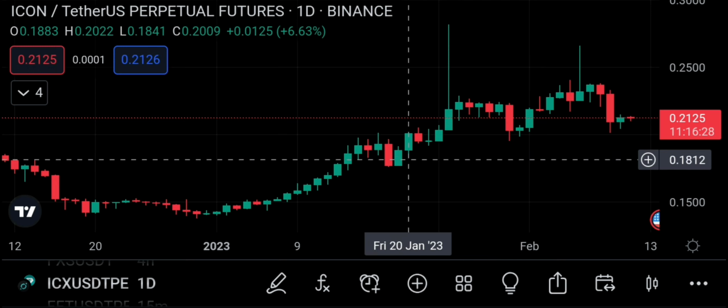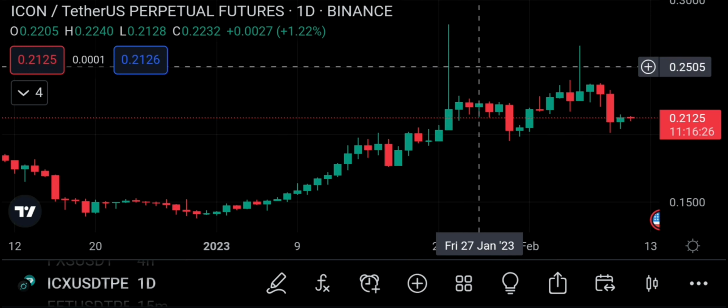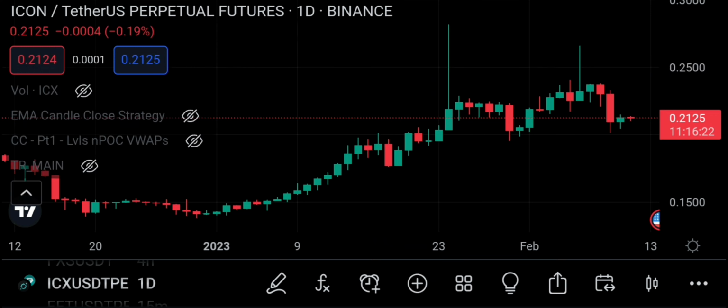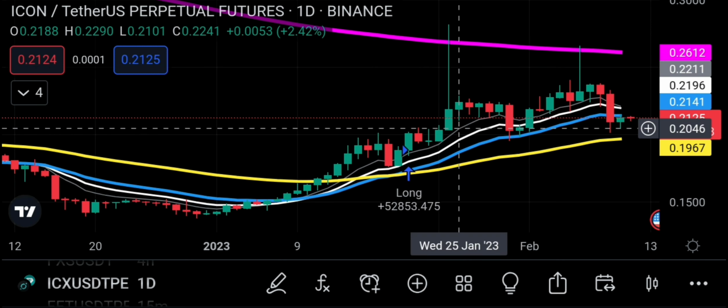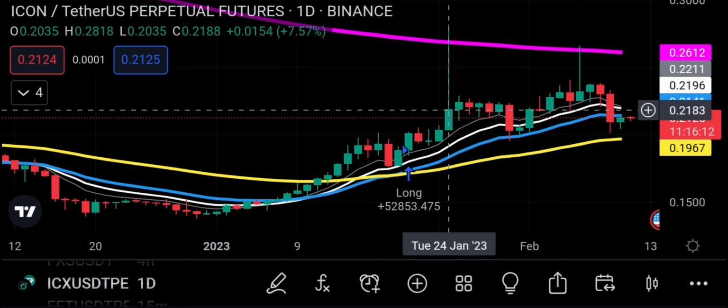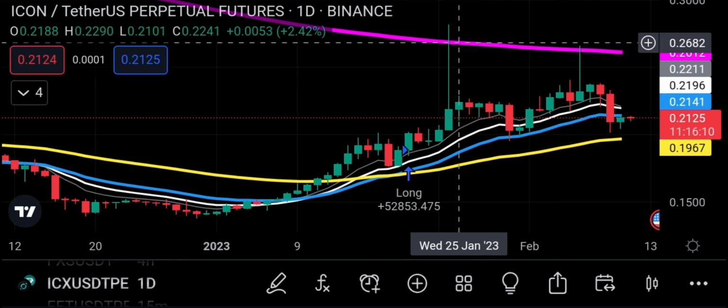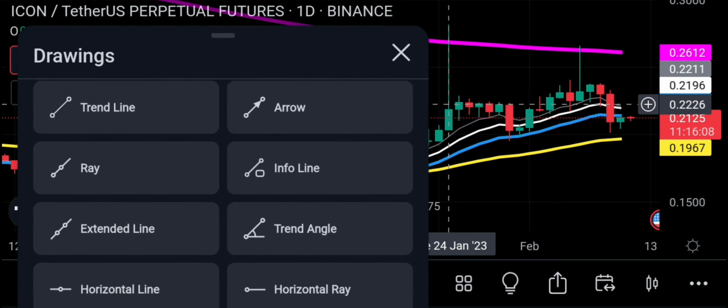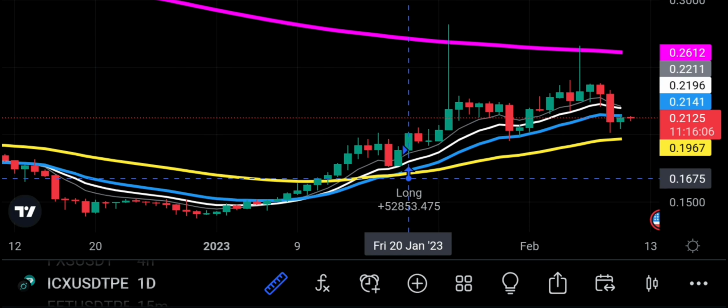You look for an asset that's pumping like crazy on that day and it's overextended. Preferably it's hitting some resistance point or resistance points with confluence, like over here. You can see on the same day, on the 24th, this coin made mad gains and was hitting the 200 on the daily, which would be resistance.